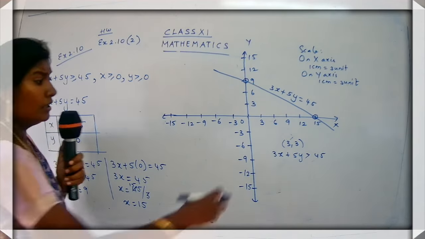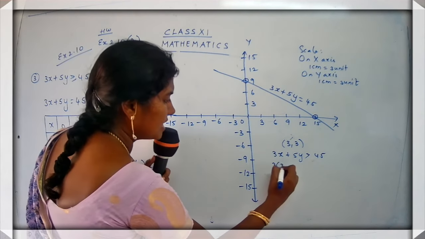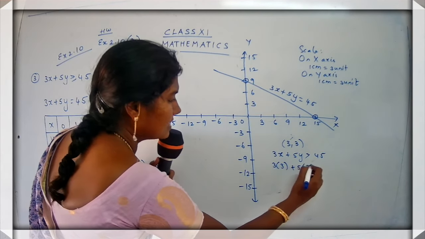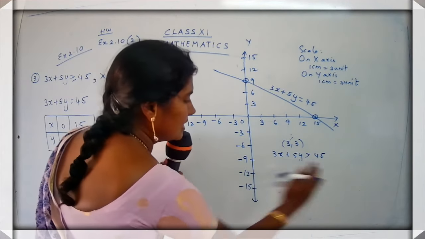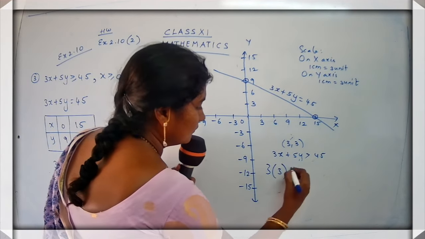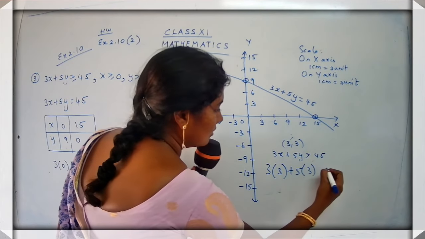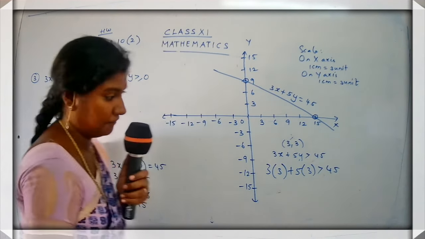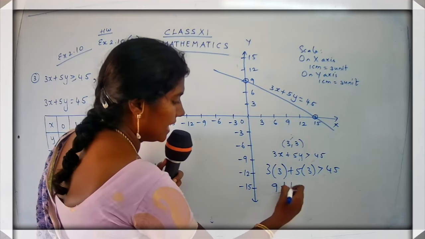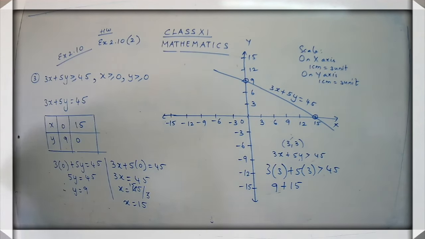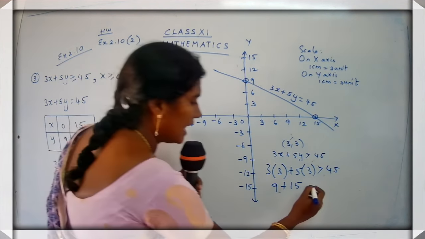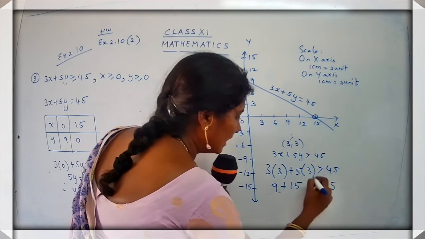Now let's try it. 3 3s are plus 5 3s are, that is x is 3, y is 3. I have to get this greater than 45. 3 3s are 9, 5 3s are 15. So 15 plus 9 gives you 24. Yes, children? So this is not greater. 9 plus 15 is not greater.